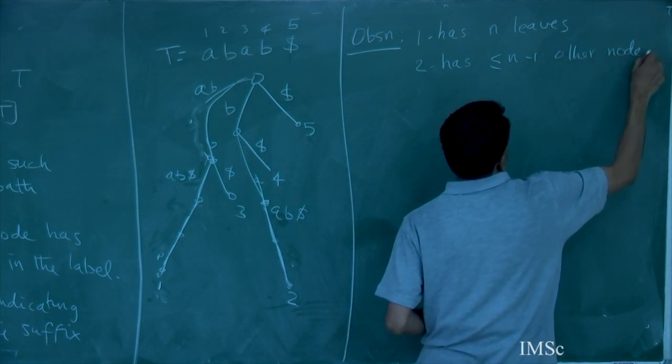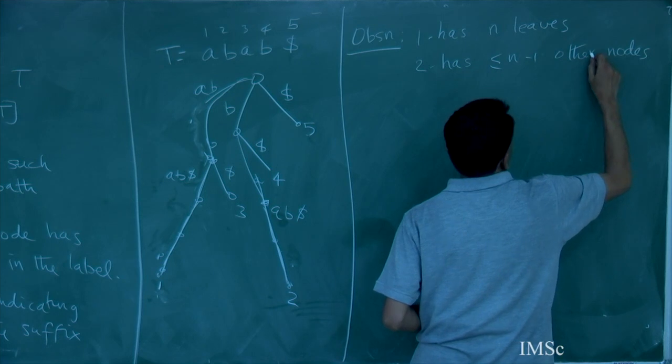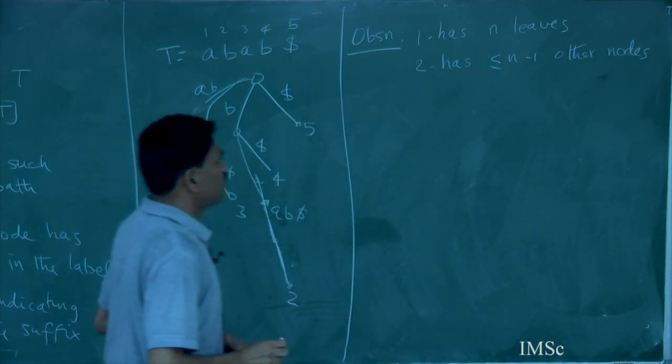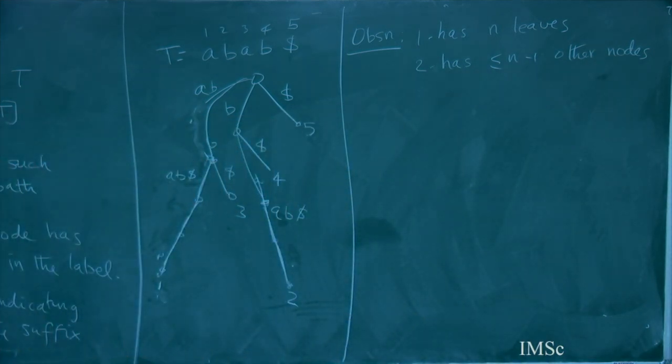And this was an exercise to show that the number of internal nodes is bounded by, I think, n minus 1, or at most n.